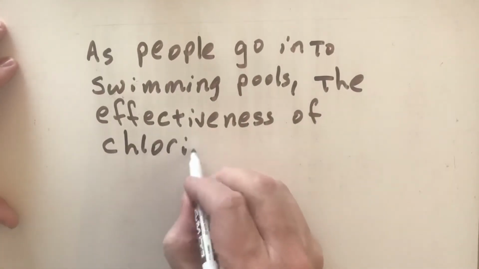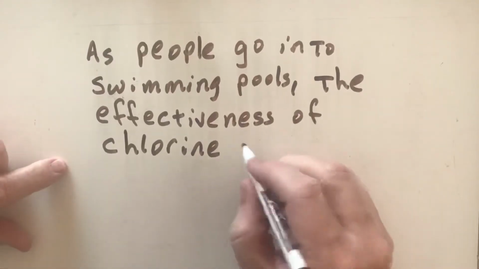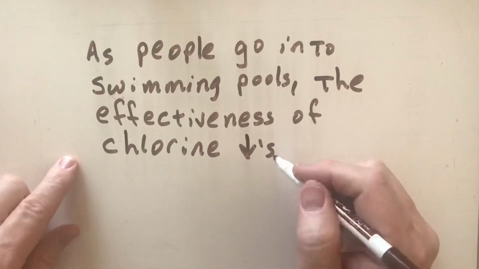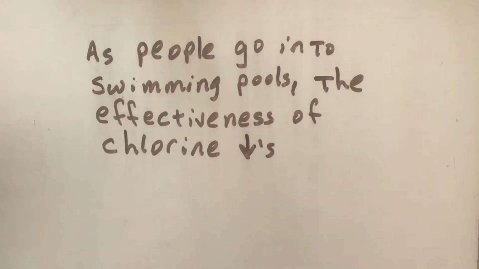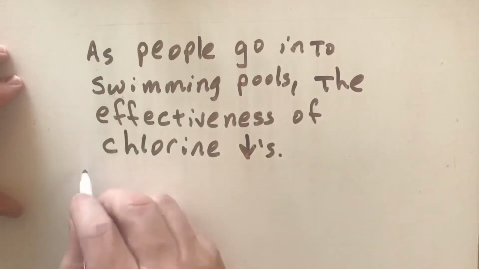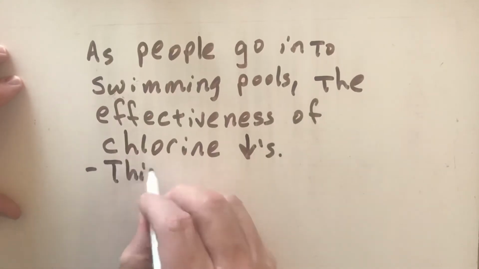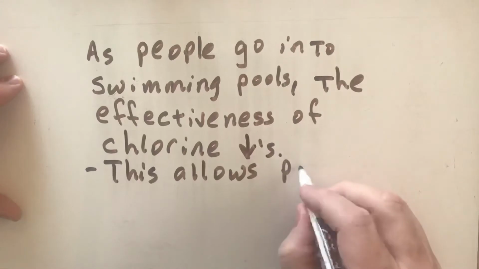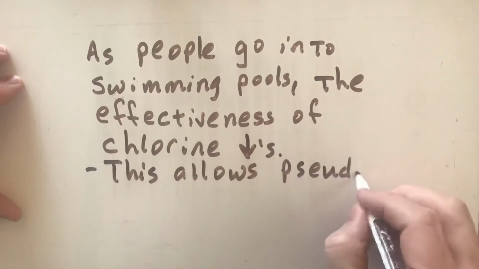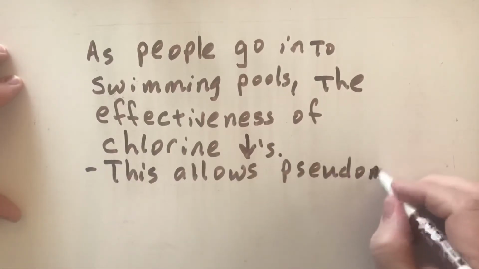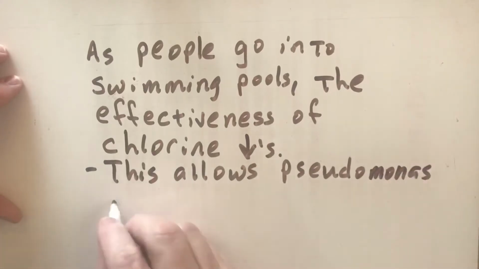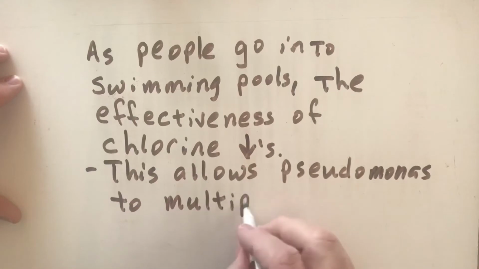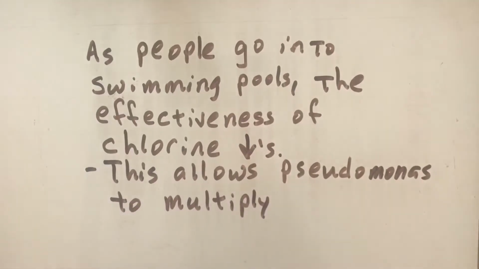If the effectiveness of chlorine decreases, what do you think is going to happen to the Pseudomonas? It's going to grow. So this allows the Pseudomonas to grow or multiply. Now there are going to be more numbers.